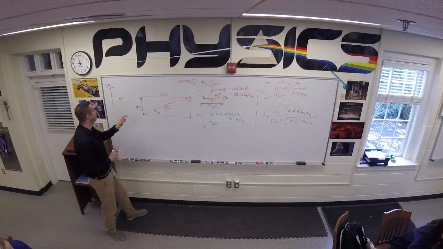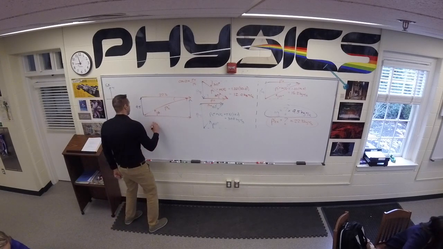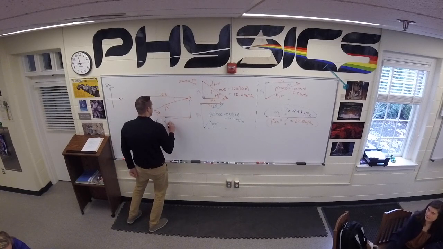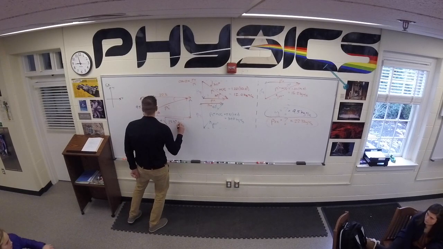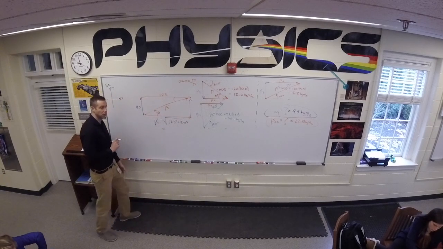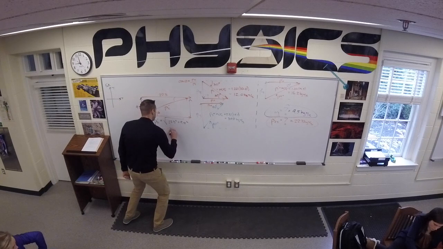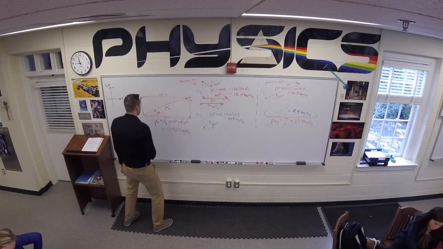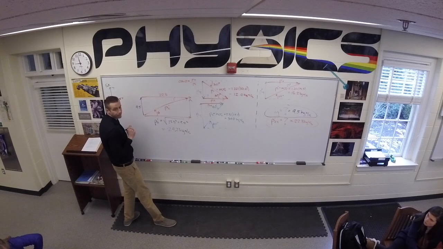So I'm going to do a squared plus b squared equals c squared. P2 prime is the square root of 22.3 squared plus 9.5 squared, which is what? 24.2 kilogram meters per second. And then I'm going to find theta. Now I know all sides of the triangle, so I can pick any trig function that I want.